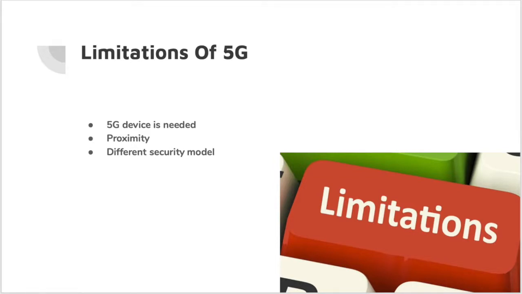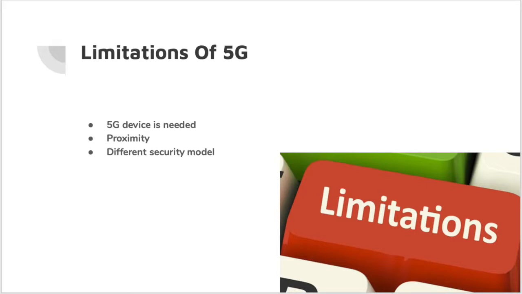Secondly, proximity. 5G uses millimeter wavelengths, which are smaller than 3G and 4G, and they don't travel as far. So, governments need to change the map of spreading networks around the country.